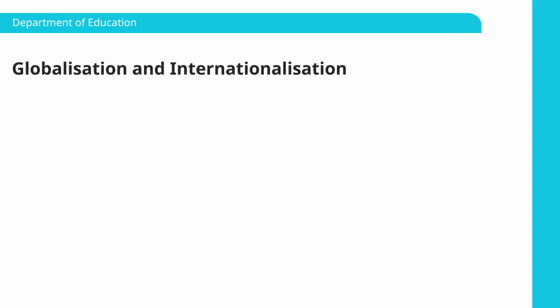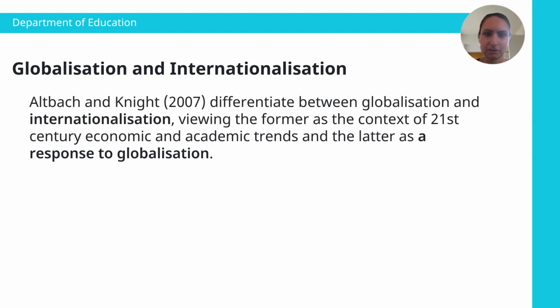Another important thing to think about is the difference between globalisation and internationalisation. It can be quite difficult to think about how these two concepts differ and how they overlap, because they clearly have a connection. Altbach and Knight differentiate between globalisation and internationalisation. They see globalisation as the context of the 21st century economic and academic trends.